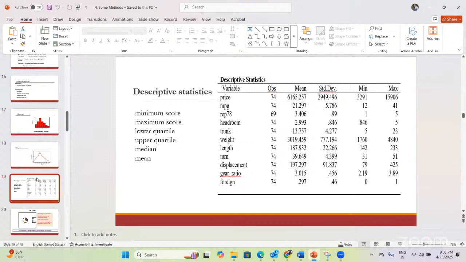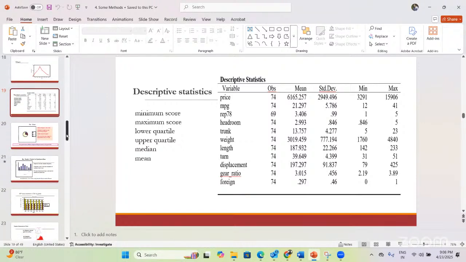So in descriptive statistics, what is given is how much the sample size, that is number of observations, what is the mean for every variable, what is the standard deviation, how much it is deviated from the mean, what is the minimum value, what is the maximum value of every variable, that is also very important. So a descriptive table is provided for every paper.